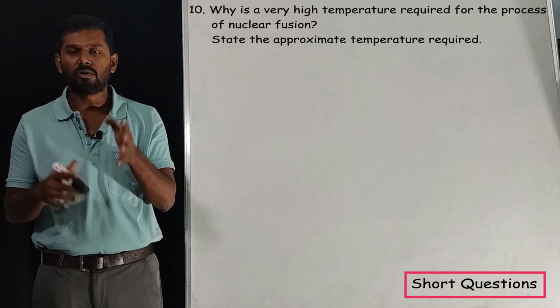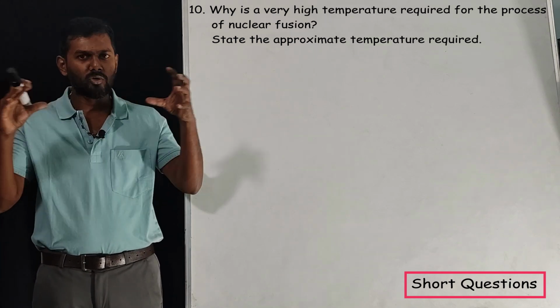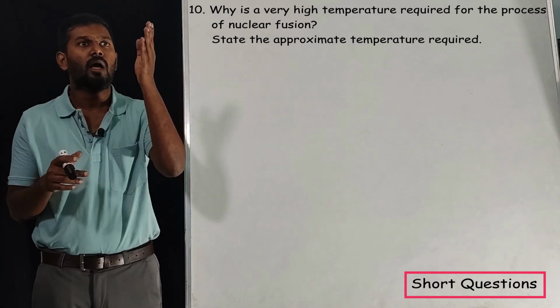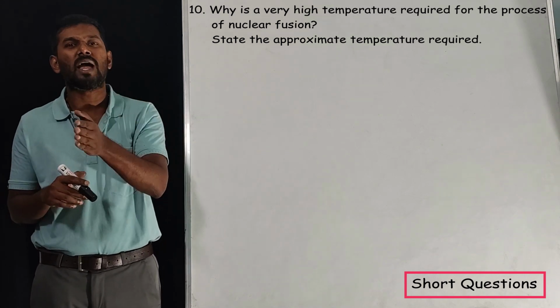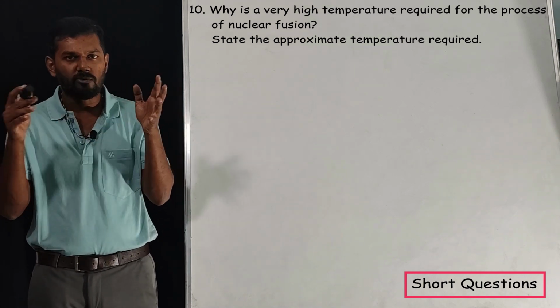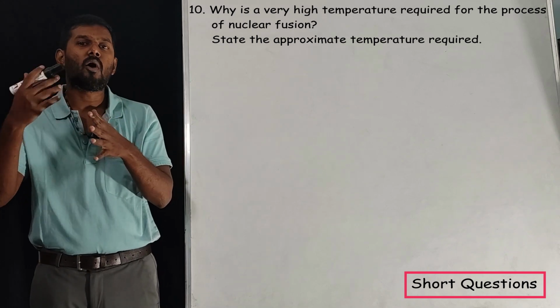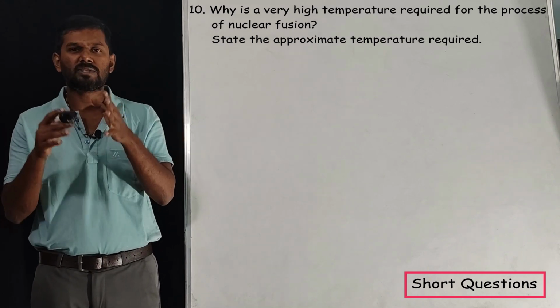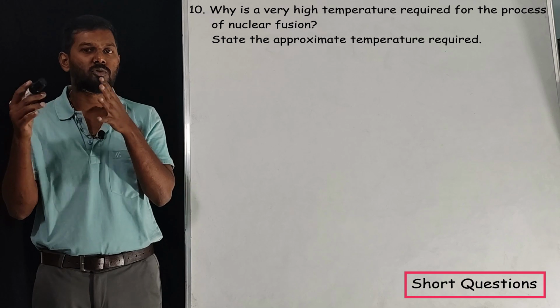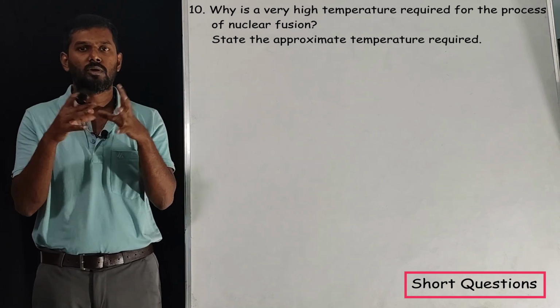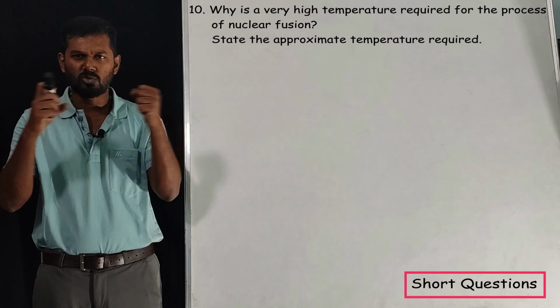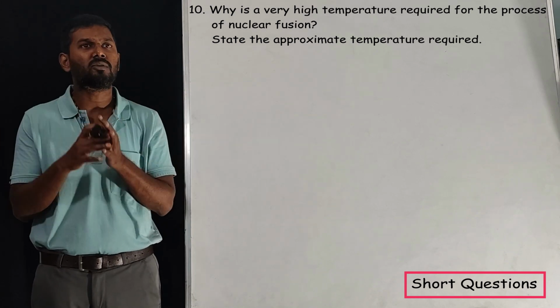When two nuclei are approaching each other, due to their positive charge, the electrostatic force between them keeps on increasing. The electrostatic force of repulsion becomes too strong between them to fuse. The repulsion becomes so strong that they cannot fuse.